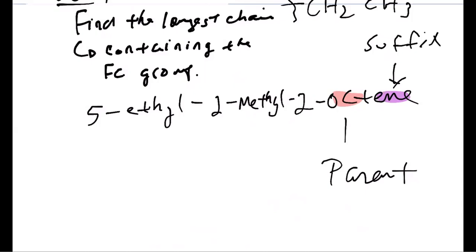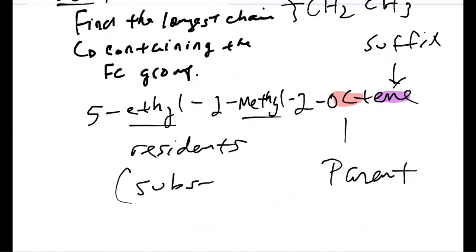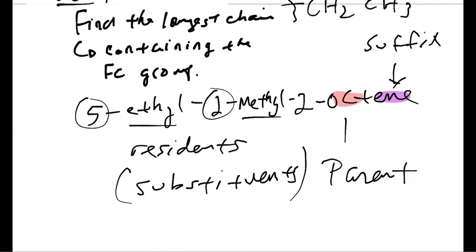And then these are your residents. Right, the proper name is substituents, but I like to try to make it more colloquial. And then these are the locations of your substituents in relation to that longest chain, right?